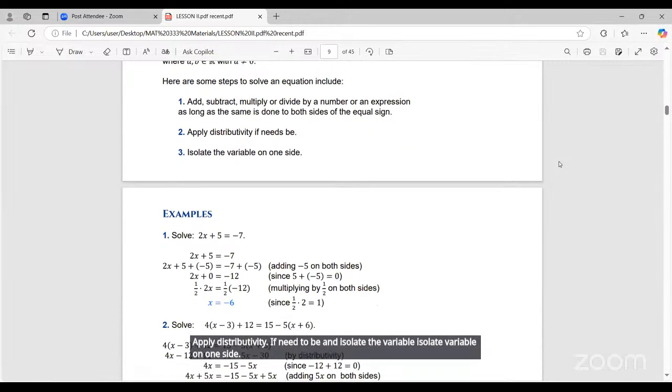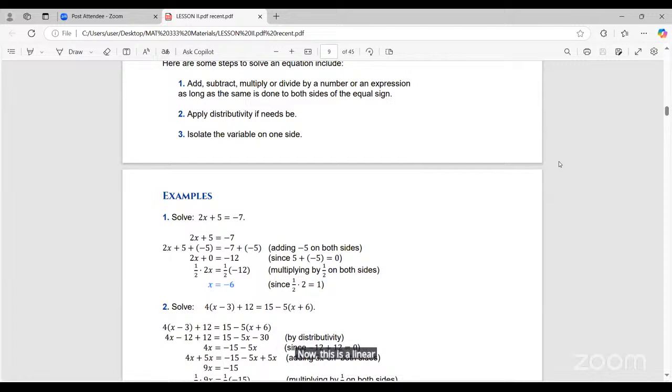Now, this is a linear equation: 2x plus 5 equal to minus 7, a linear equation in one variable. So how do we solve it? We have 2x plus 5 equal to minus 7. We subtract 5 from both sides.